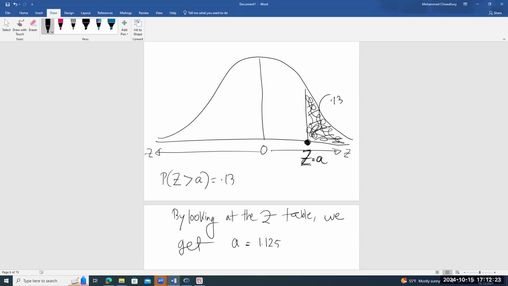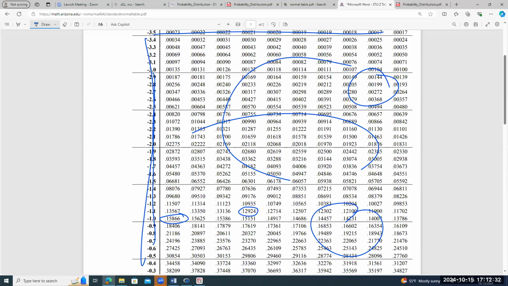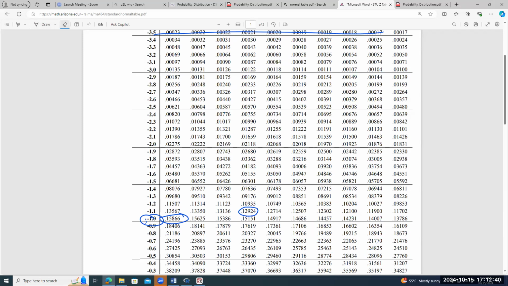There was a negative in the table. Why is there not a negative here?